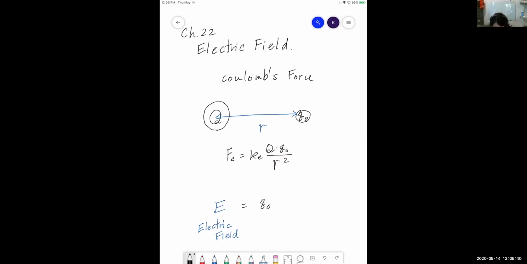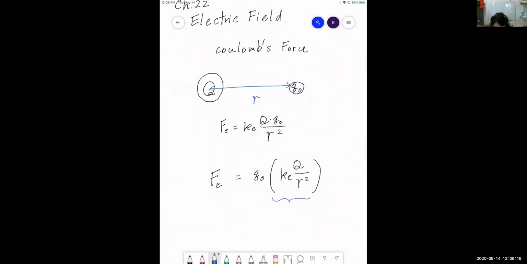The electric force now is equal to little q naught times k big Q divided by r squared. And this part is the electric field.